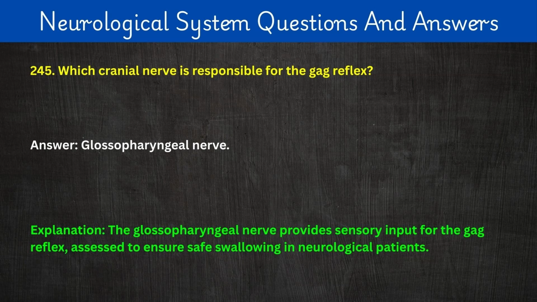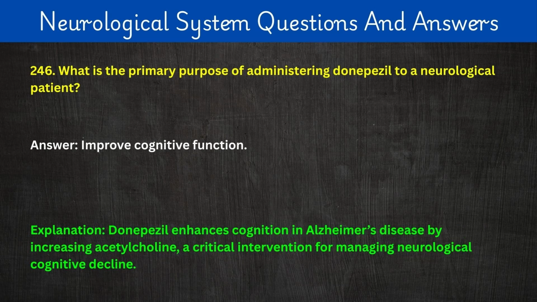Answer: glossopharyngeal nerve. Explanation: the glossopharyngeal nerve provides sensory input for the gag reflex, assessed to ensure safe swallowing in neurological patients. 246. What is the primary purpose of administering donepezil to a neurological patient? Answer: improve cognitive function.